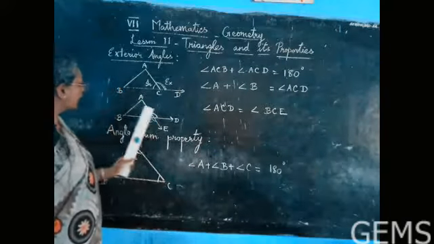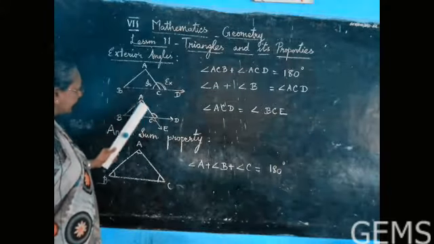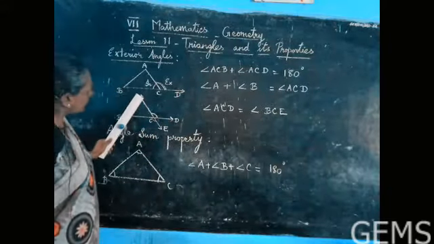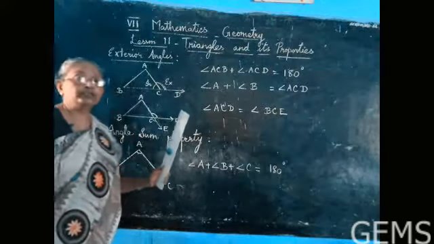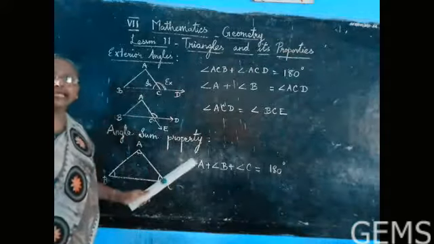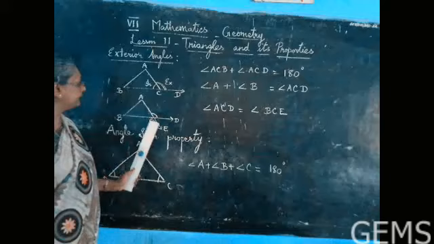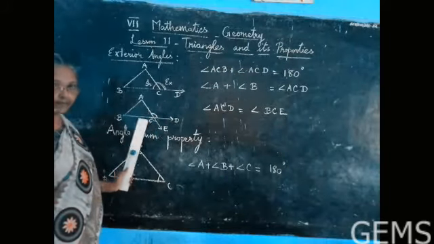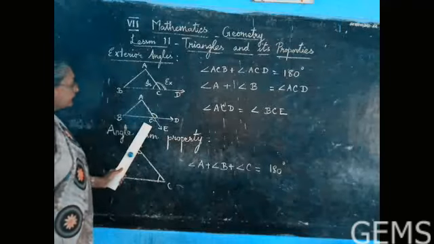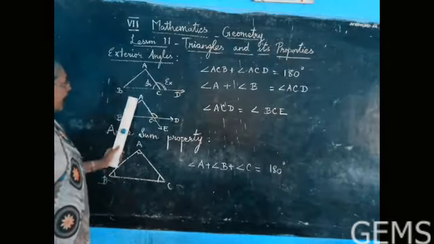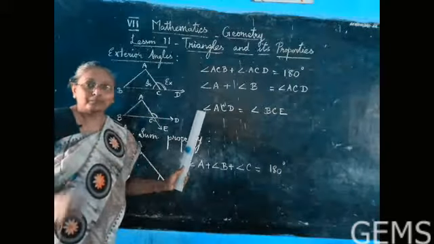Then we have another property. Suppose we extend this line AC to E, that is AE. Suppose we extend AC to form AE, then another angle BCE is formed. In this case, angle BCE and angle ACD have something in common.